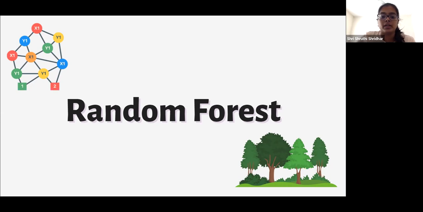Instead of depending on the decision made by a single decision tree, we train different decision trees on the same sample, but we consider different features in each of these trees with different priorities, and we take the maximal vote, and that will be the final decision from the random forest.